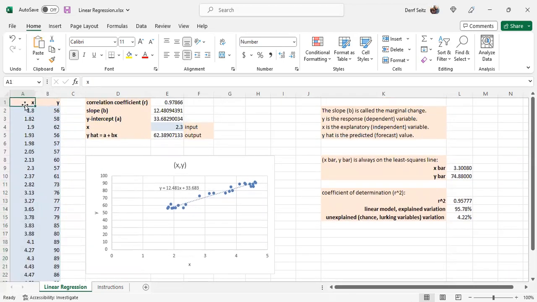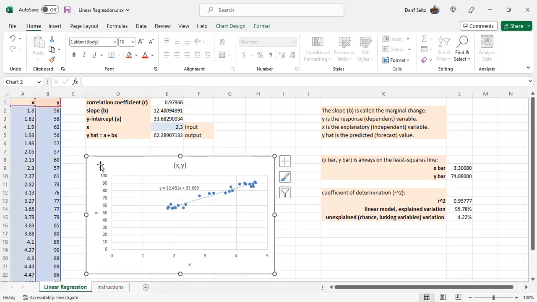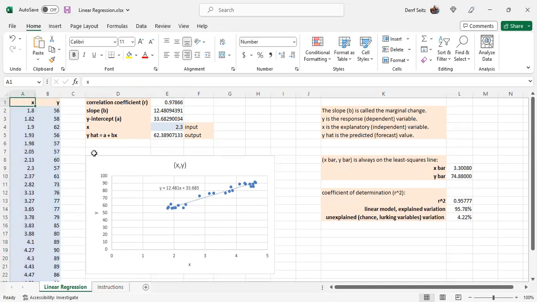Empty cells in Microsoft Excel are ignored by the scatter plot and interpreted as 0 values for formulas. And none of these formulas is impacted by these blank cells. Before we start at the top, as soon as you enter the data here, this scatter plot will update.